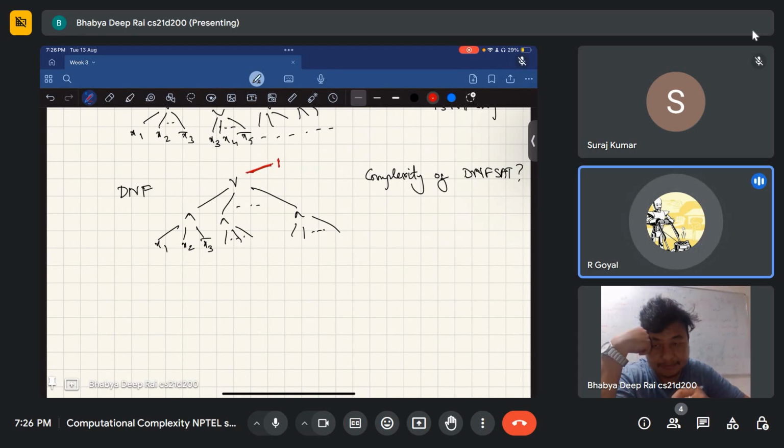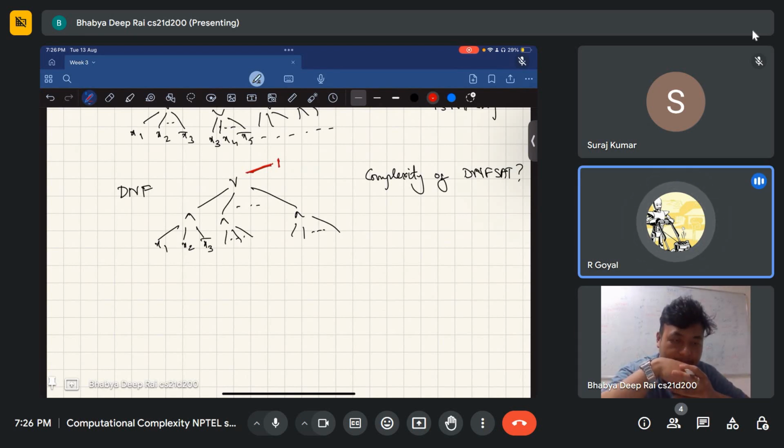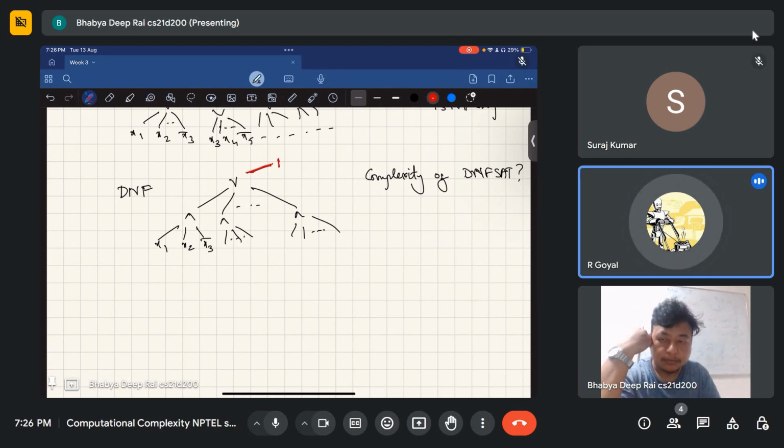So any one clause, which may comprise, at worst, n Boolean literals, all being ANDed.